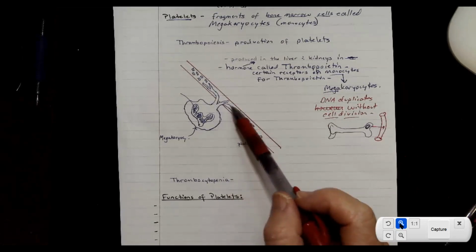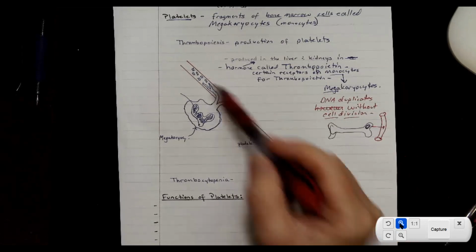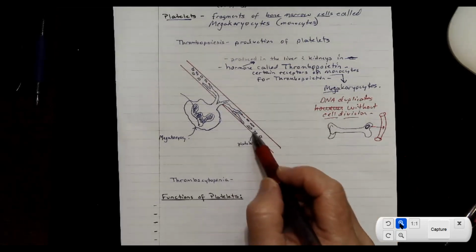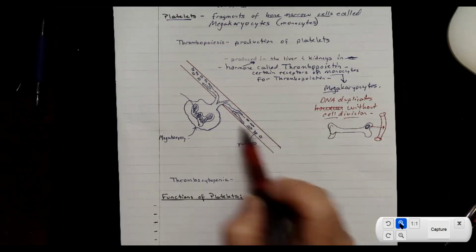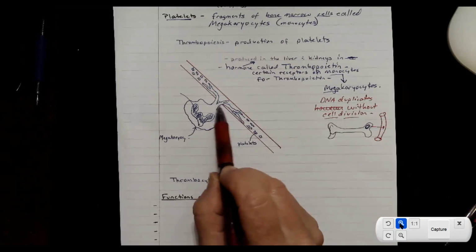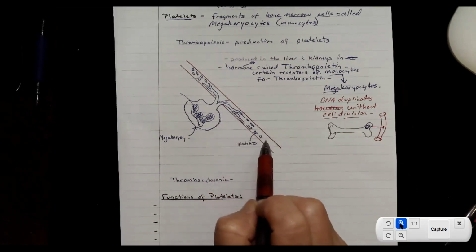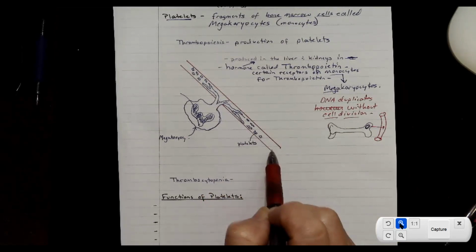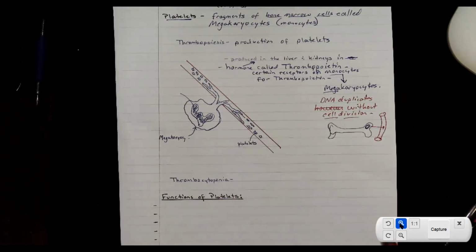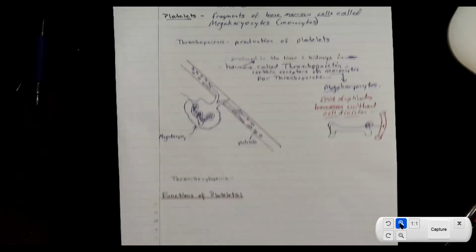As the tendrils get into the blood supply, the flow of the blood causes the platelets to break off these tendrils. This is why platelets are fragments of a megakaryocyte. And these platelets are responsible for causing blood clotting. We're going to look at blood clotting in a minute.